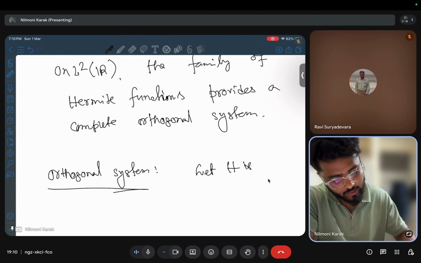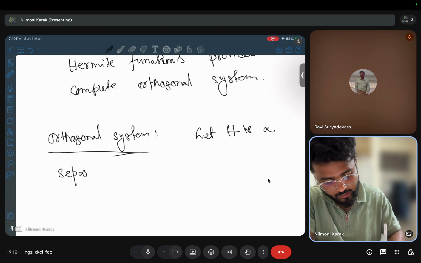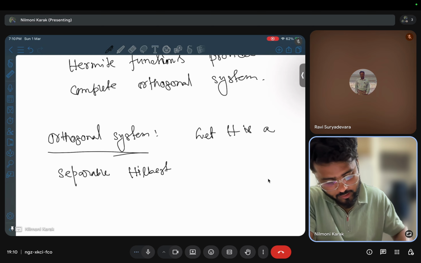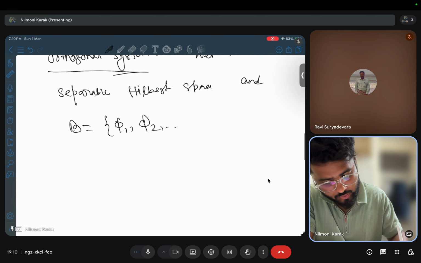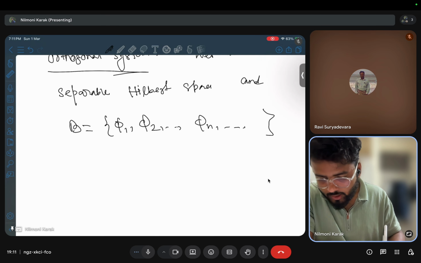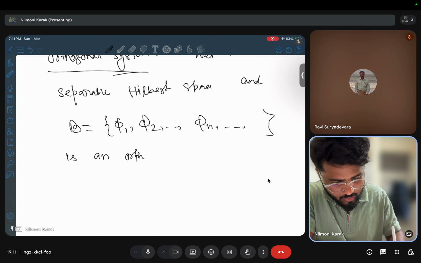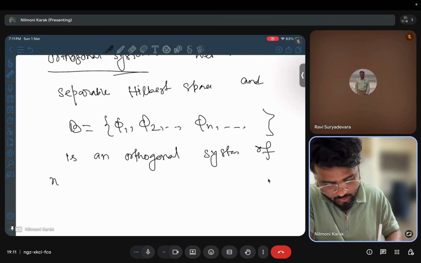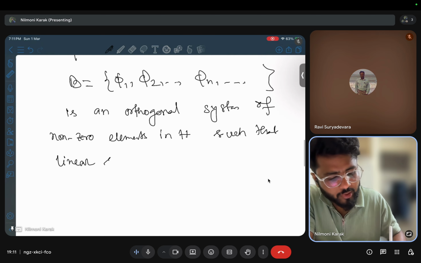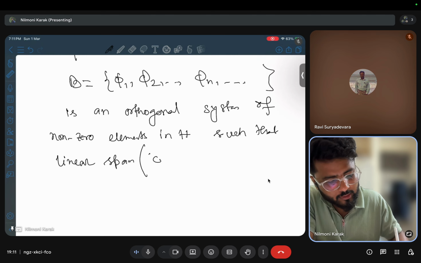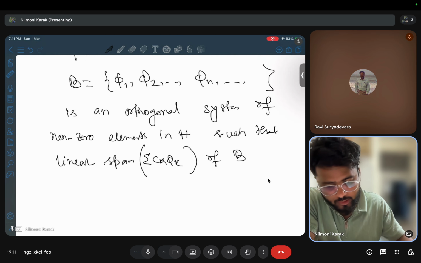Let H be a separable Hilbert space and B equals phi 1, phi 2, phi n, and so on, is an orthogonal system of non-zero elements in H such that the linear span, meaning sums of c_k phi_k, of B is dense.